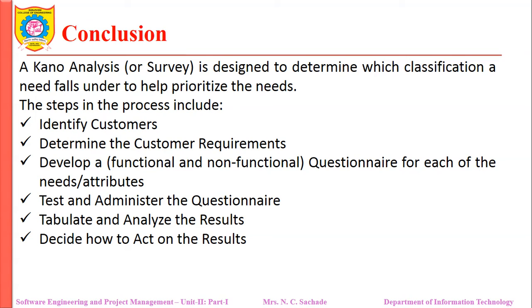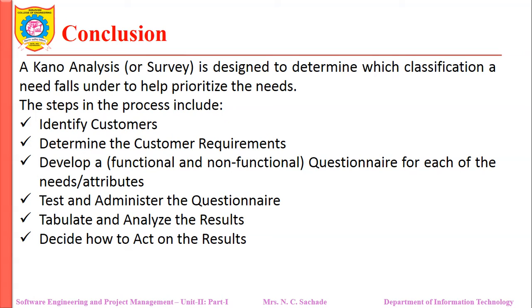So, a Kano analysis or survey is designed to determine which classification a need falls under to help prioritize the needs. Now, here I am adding the steps so that in our next session we would have the detailed analysis of a set of requirements so that you actually get insight into how the Kano model works.